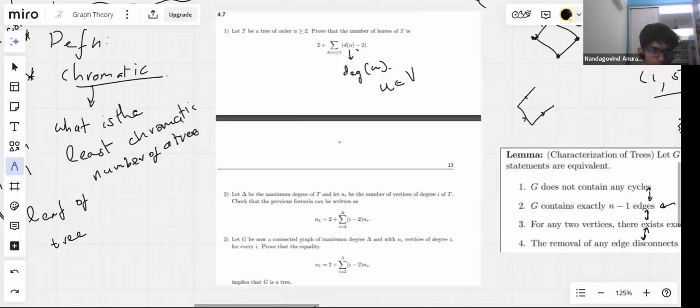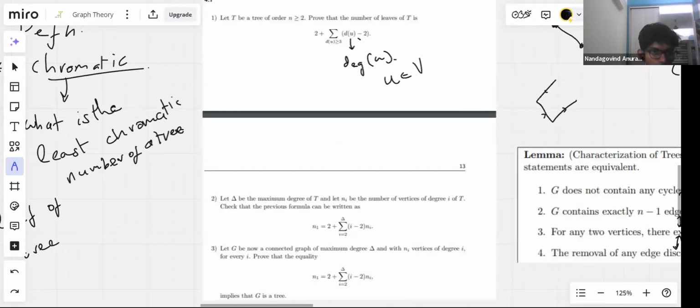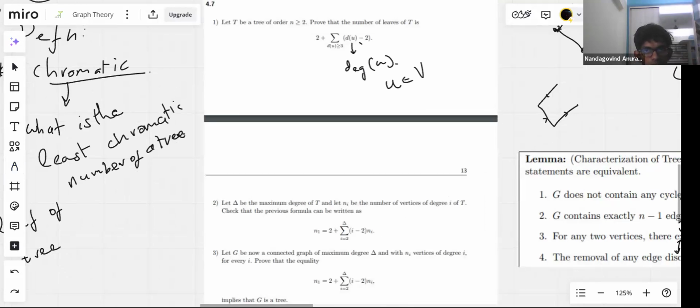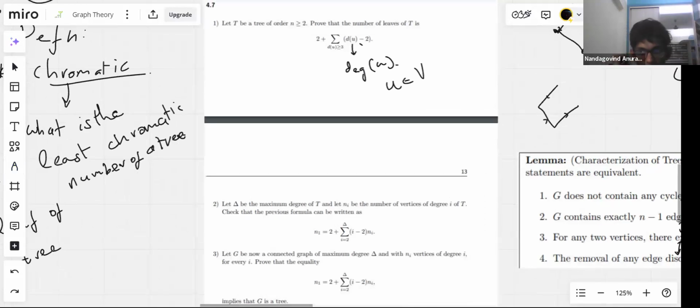Okay, are we clear on this? Take a screenshot of this.